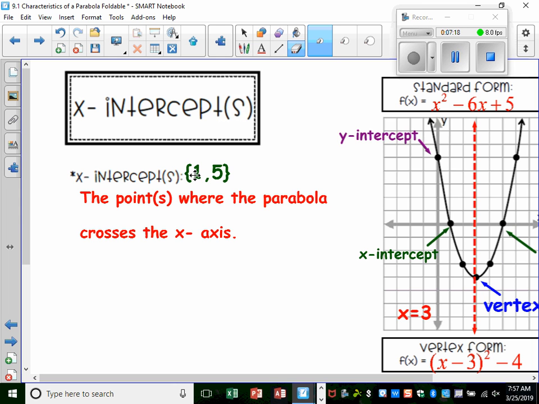So just simply write them, both where it crosses the x-axis, at 1 and 5. So this is just being able to identify the parts. In a few minutes, we're going to get to how you actually do all of this mathematically and using your graphing calculator, of course.